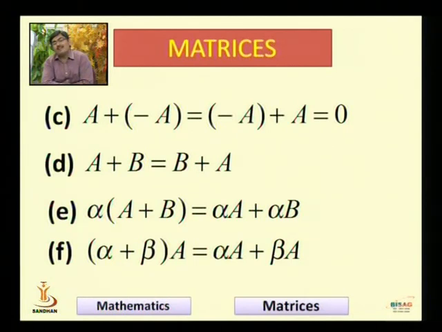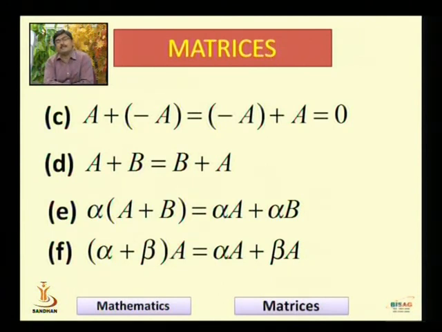Next, the way in which we have defined scalar multiplication of matrices, see that alpha times A plus B is going to be equal to alpha times A plus alpha times B. I will just prove one of these and rest will be left for you to verify.